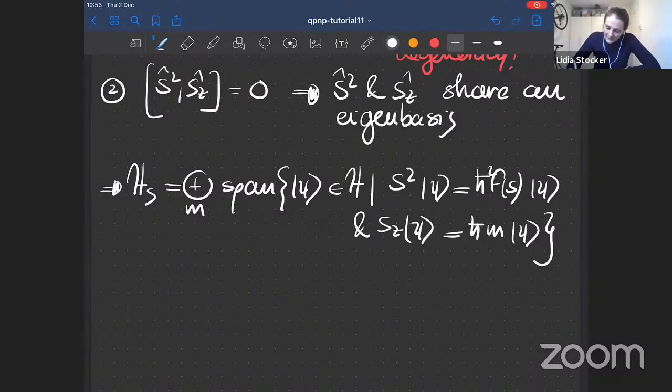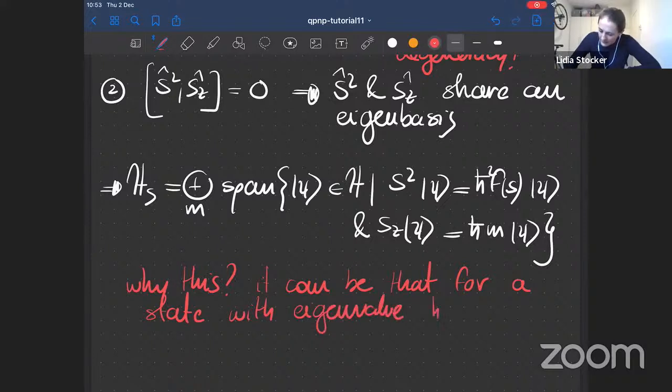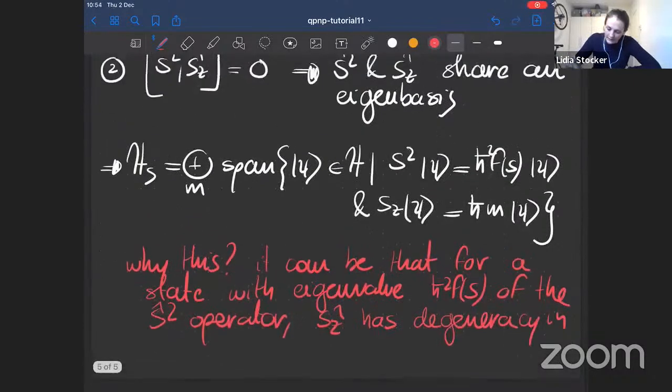And why this? It can be that a state with eigenvalue h bar squared f of s of the S2 operator has degeneracy in its eigenvalue.